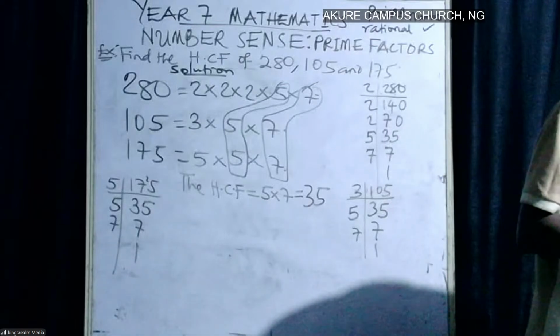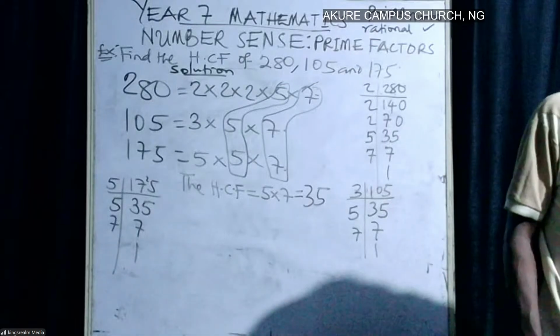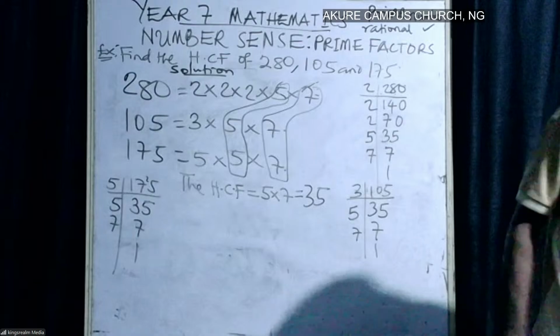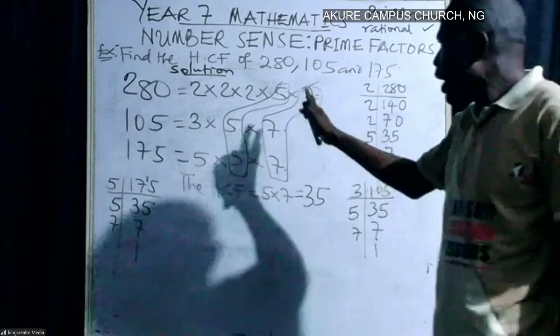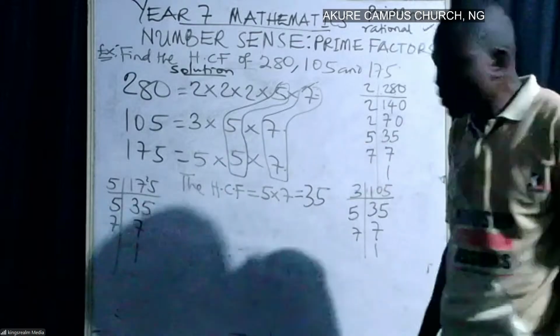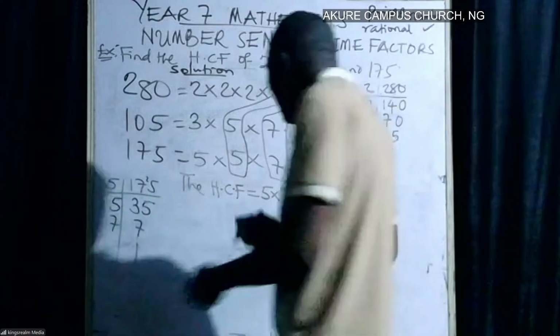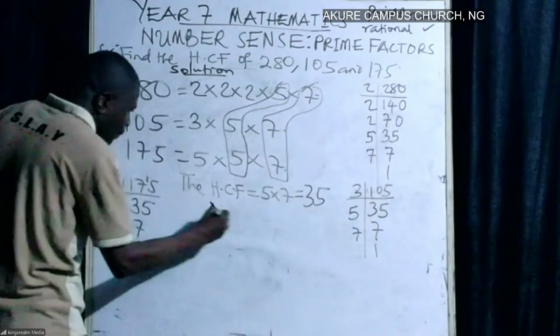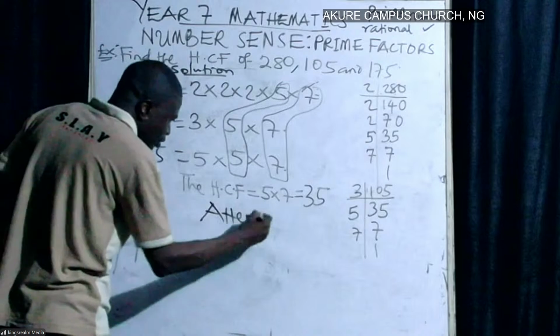Okay, so let me give you one to quickly play with now. I want you to write this down. I'm going to give you one to work on now. I want you to attempt this.